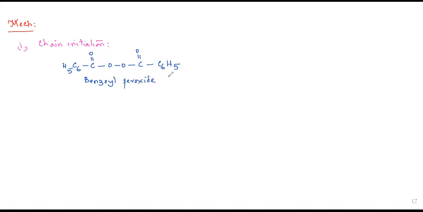Now this benzoyl peroxide, in the presence of sunlight or UV light, undergoes homolytic fission. You all know this. So this homolytic fission leaves 1 electron to the bonded atoms, gives 1 electron. So we get C6H5, C double bond O, then O free radical. 2 such free radicals, right?